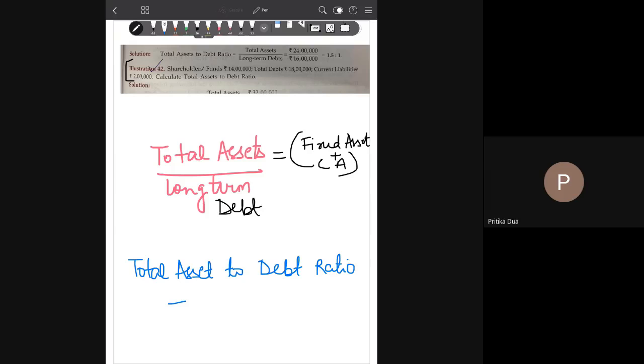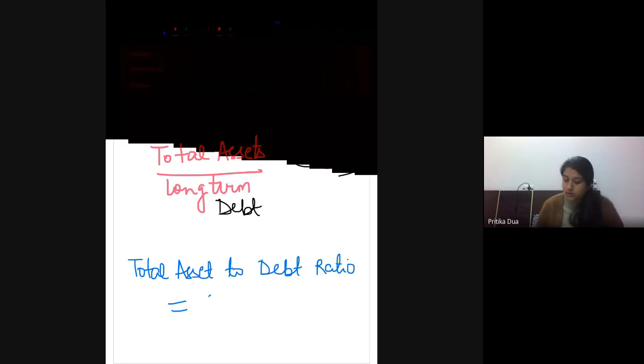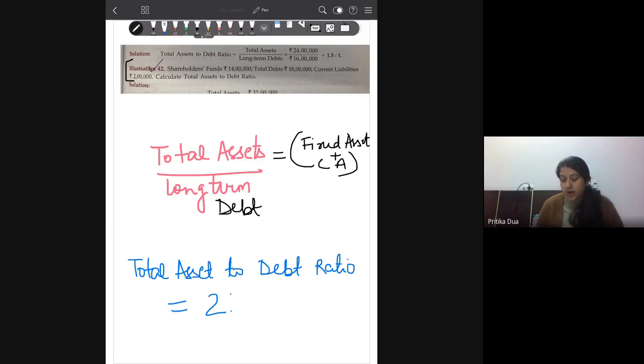So the answer is 2:1. Okay, you are deducting the amount of current liabilities from the total debts to get your long-term debt. So 14 lakh by 16 lakh. Yes, that will give you the total asset to debt ratio.